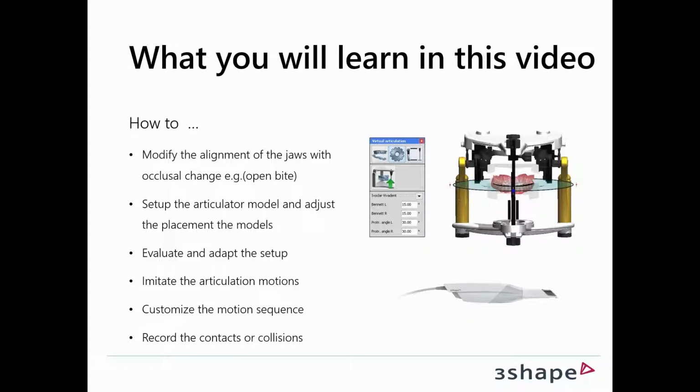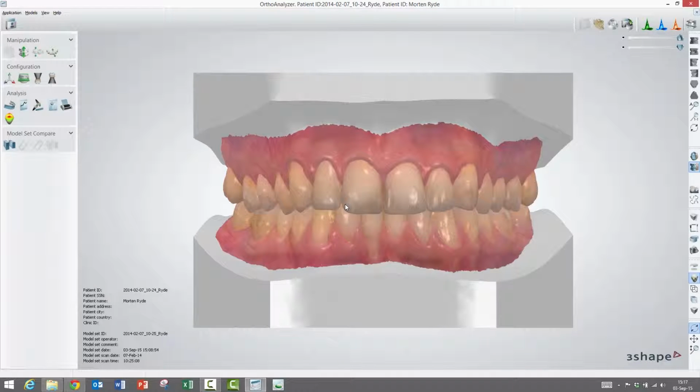You'll also learn how to evaluate and adapt the setup, and as I said before, imitate the articulator motions, how to customize those sequences, and finally how to record the contacts or collisions. So without further ado, Rudi, why don't we open Ortho Analyzer and you can tell us how it works? Yes, sure. Okay, Rudi, I can see that you have opened a model in Ortho Analyzer here as normal, so why don't you tell us how it works?